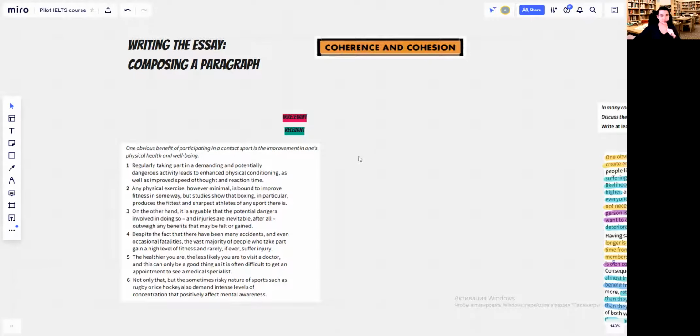It says, one obvious benefit of participating in a contact sport is the improvement in one's physical health and well-being. What's a contact sport, by the way?